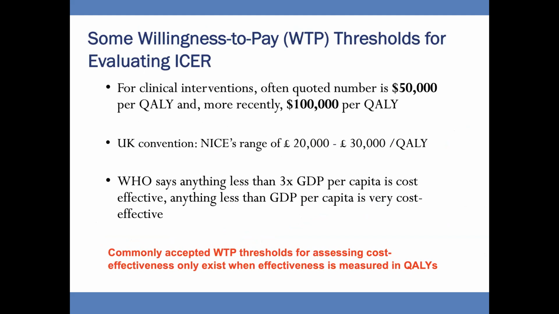The most common one in North America: we used to use $50,000 per QALY, and more recently, we tend to agree that $100,000 per QALY is a reasonable willingness to pay threshold. In the UK, they don't use a specific number, they use a range between 20,000 to 30,000 pounds per QALY. In developing countries, they use a different threshold, and WHO says anything less than 3 times GDP per capita is cost effective.